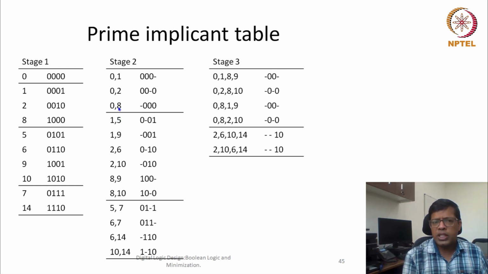Now, to make things faster, we see that wherever dash appears at the same place we can combine. For example 0 8 and 1 9, dash is appearing at the same place, so we can combine them. It will become dash 0 0 dash. Similarly 0 8 can be combined with 2 10 because dash is appearing at the same place, so it will become dash 0 dash 0.